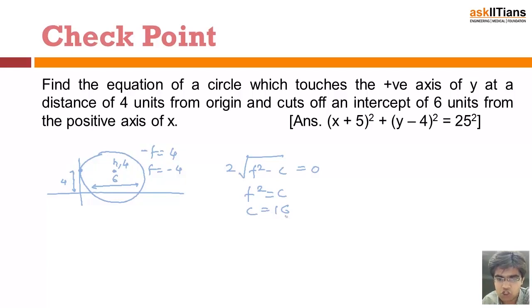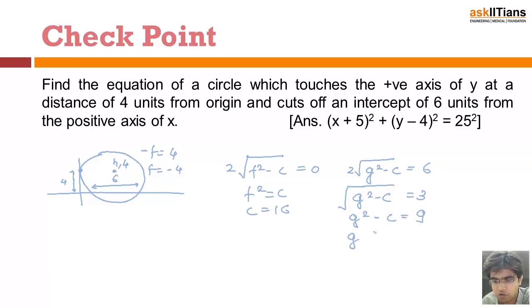If your c is 16, then let's look out for what is the information given for x-intercept. 2 root g square minus c is equals to 6. That means root of g square minus c is equals to 3, and g square minus c is equals to 9.